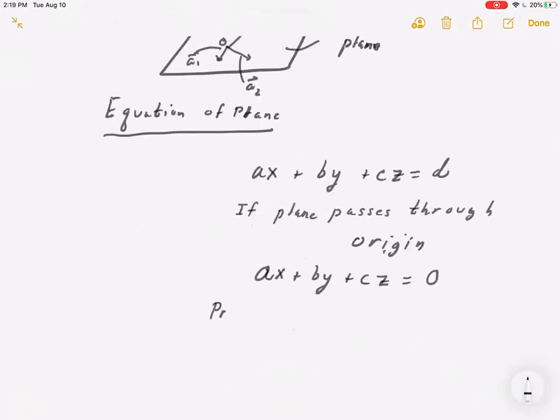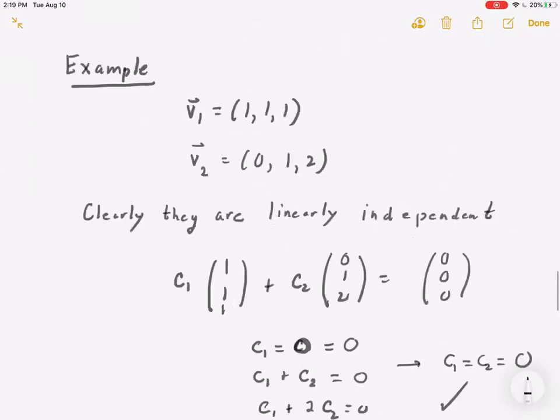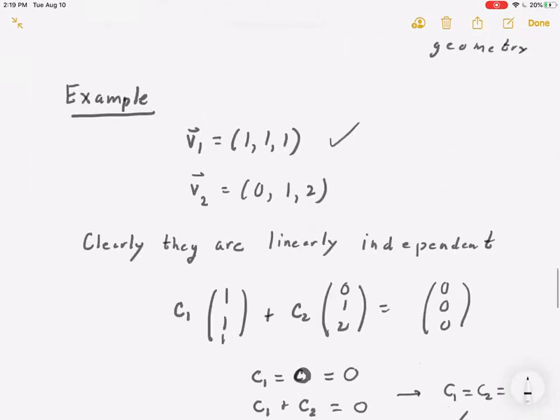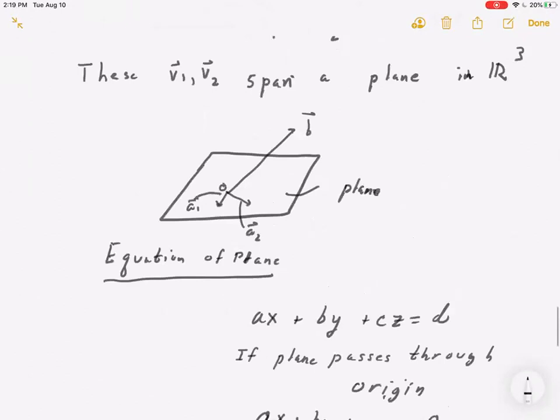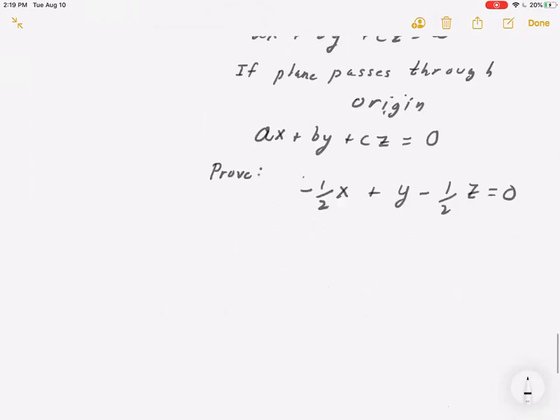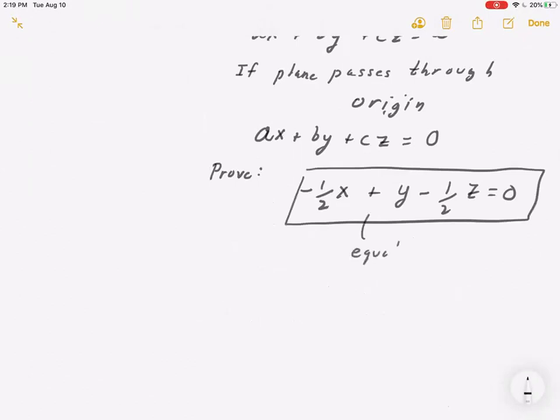And I won't do this, but I'll let you prove that for this example, namely for the case of A sub 1 equaling this vector and A sub 2 equaling that vector, the equation of the plane that we're looking at in this problem satisfies that equation. Okay.